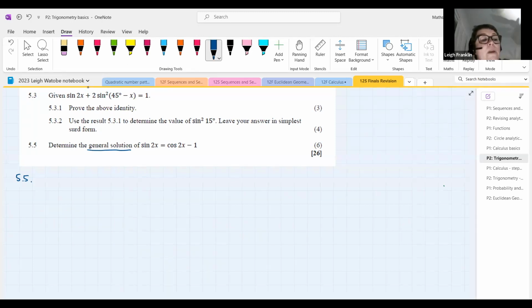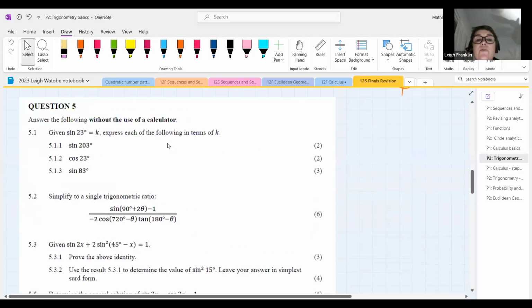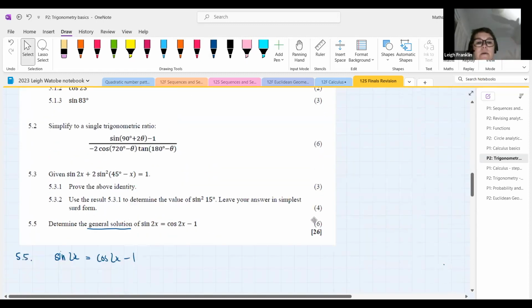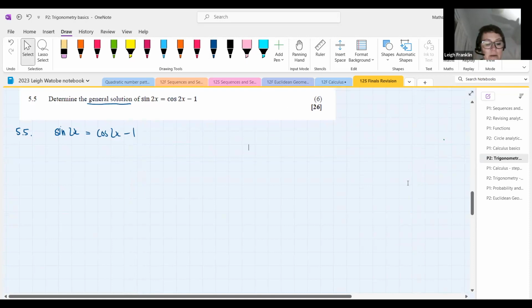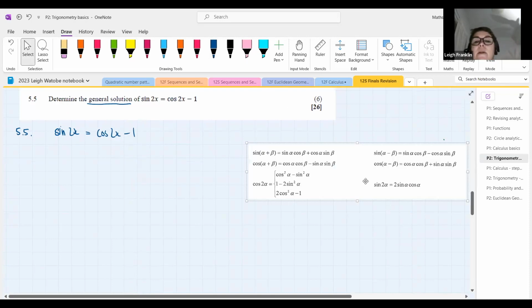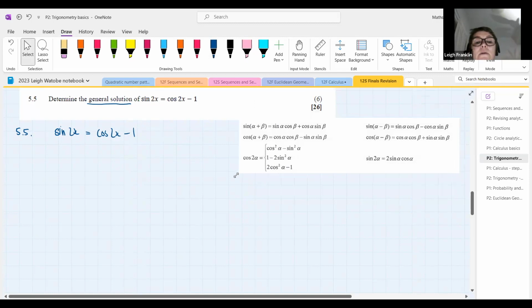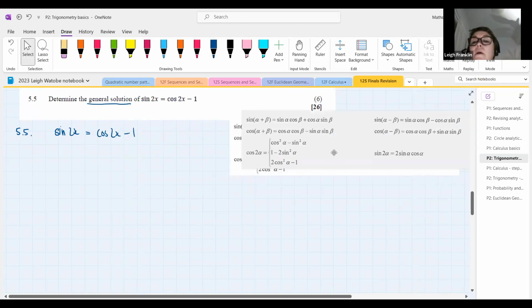So we've got sine 2x equal to cos 2x minus 1. Perhaps I should grab our formula sheet, there we go. Let's put that over there and just have that on hand.